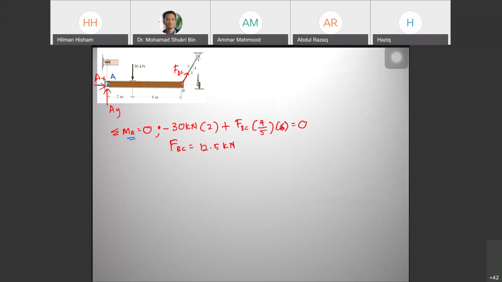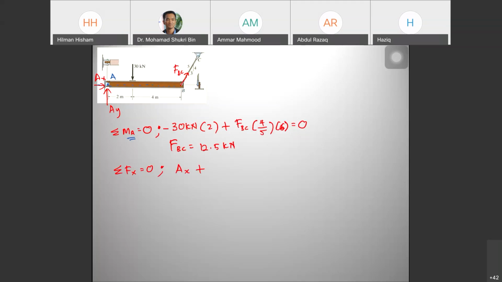So I proceed with this solution. Next, summation of Fx is 0. So you have AX plus FBC times 3/5 equals 0. FBC we already found, 12.5.